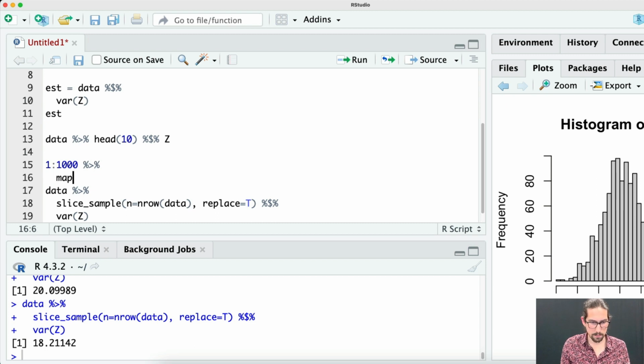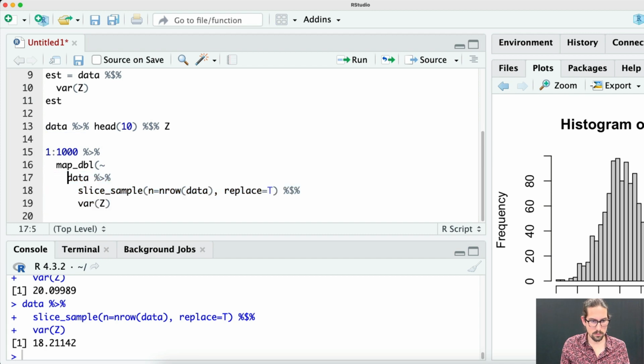I'm going to get a vector of these numbers.